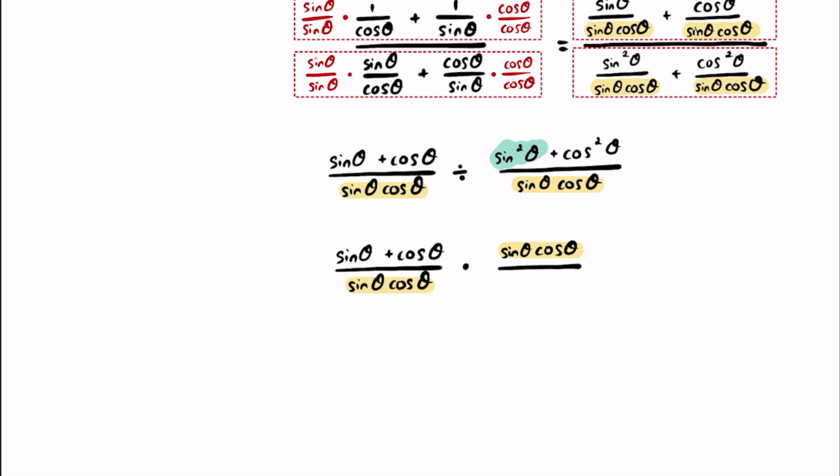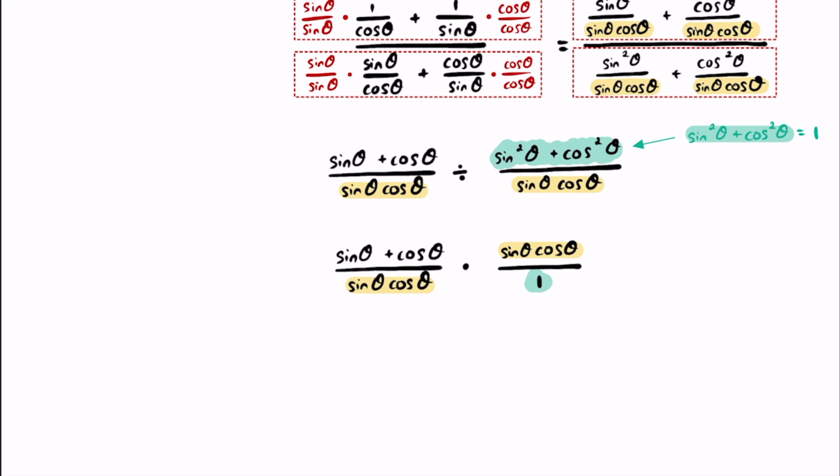And then you want to take note of this sine squared of theta plus cosine squared of theta. Hopefully that looks familiar, because from our Pythagorean identity, we know that this is just going to be equal to 1. So making that substitution, we can put a 1 in the denominator because we're multiplying by the reciprocal. So we just flipped that to the denominator, and we replaced it with a 1 because sine squared of theta plus cosine squared of theta is just equal to 1.